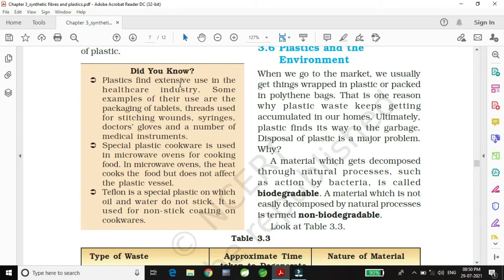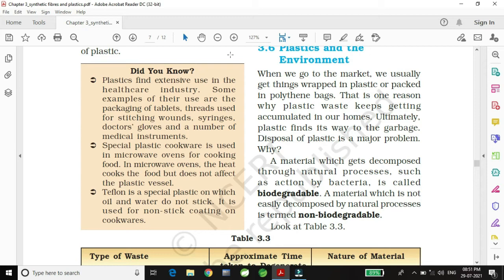Did you know plastic finds extensive use in the healthcare industry also? Some examples of their use are the packing of tablets, threads used for stitching wounds, syringes, doctors' gloves, and a number of medical instruments. Special plastic cookware is used in a microwave oven for cooking food.